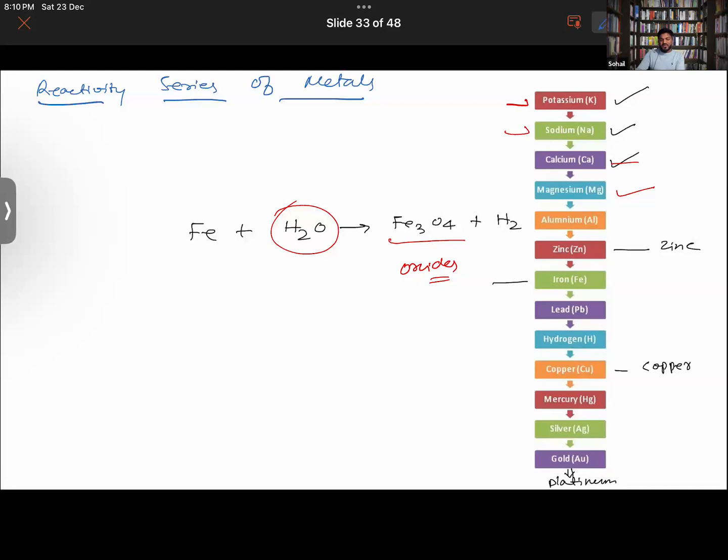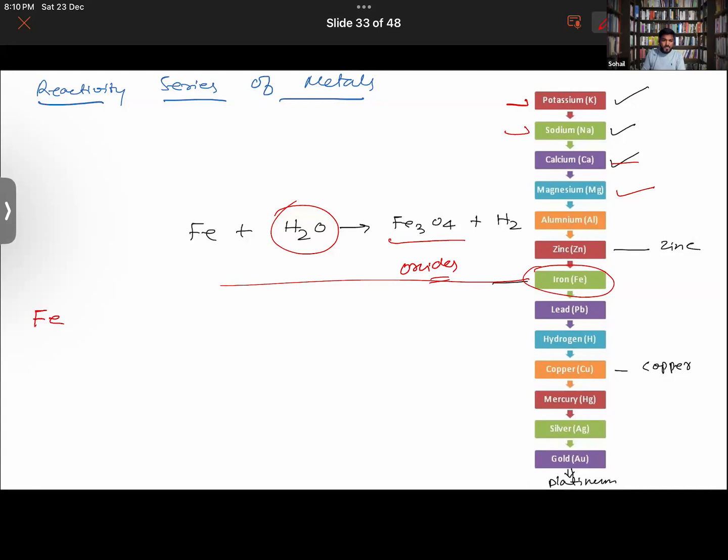So the thing is, why was there a need to arrange the metals in this order? In order to understand the displacement reaction of metals. Displacement reaction क्या है? See here. For example, let's pick out iron from here. हम यहाँ से iron लेते हैं. Okay.